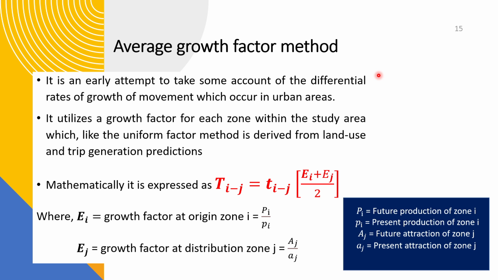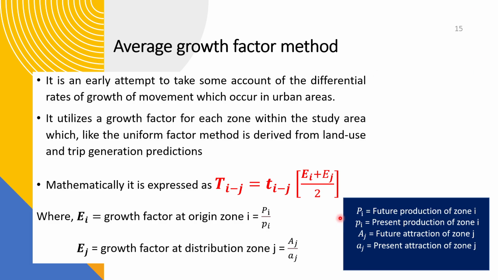In this method, it utilizes a growth factor for each zone within the study area. Unlike the uniform factor method, it is not going to multiply the same growth factor with every number. Instead, we find a growth factor for each trip with respect to the growth factor at origin and the growth factor at destination.